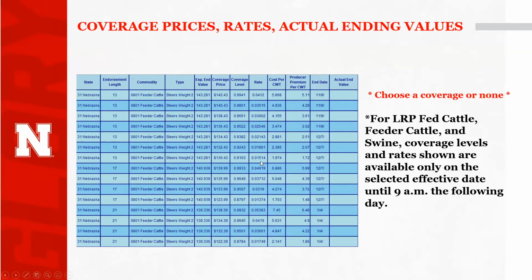This is the coverage level. This is how much it costs. What I want you to do now, if you can see that, is pick one of those lines or none of them and decide, okay, this is the coverage level that I want to take out on my feeder cattle.